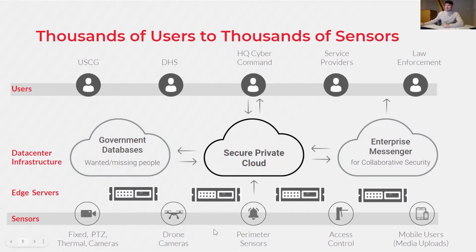For example, we're taking a stream in from a fixed camera in a city. It comes to the cloud and it compares it. If a person has appeared who's on one of the government databases, it's going to trigger an alert to a specific department or a specific user.